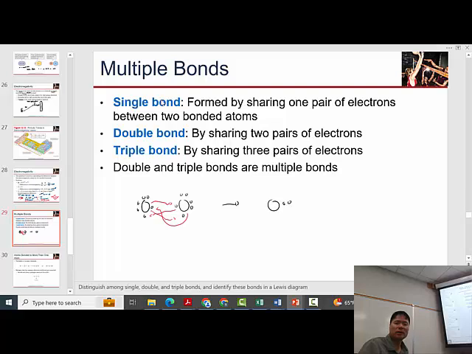We expect to share altogether 4, like this. Double bond expected.